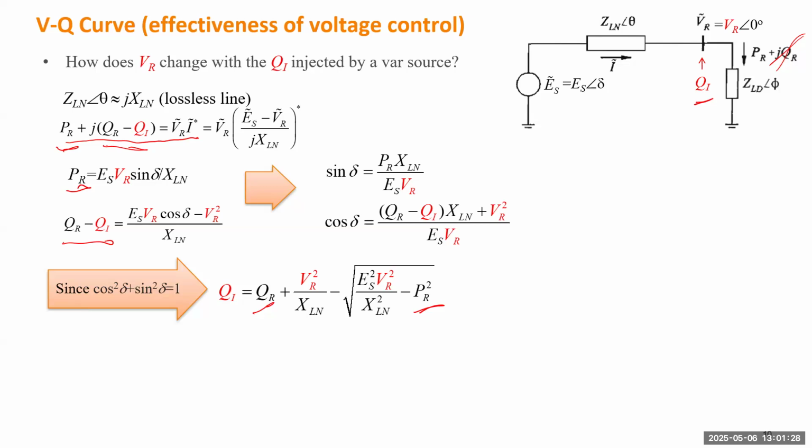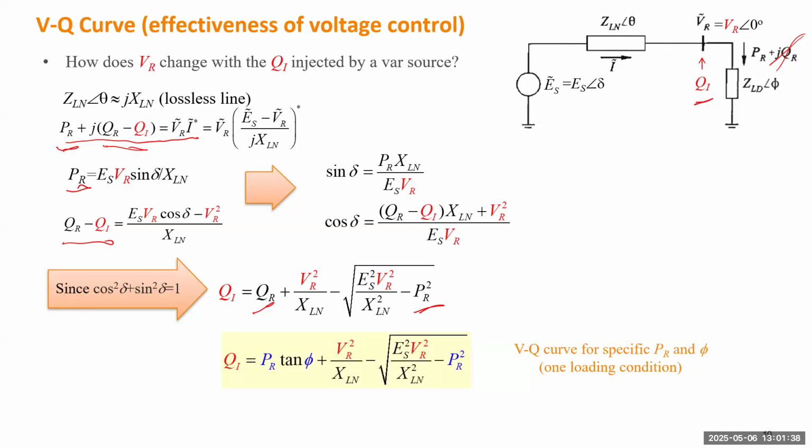So we only change QI here, and then we study how VR will change. So only QI and VR are the variables of this equation. If we know the power factor angle phi, the QR would also depend on the active power and power factor. Okay, so then we can draw the VQ curve.